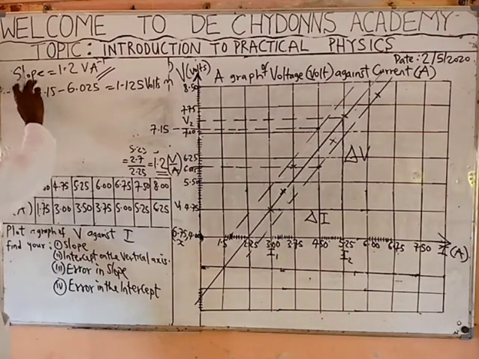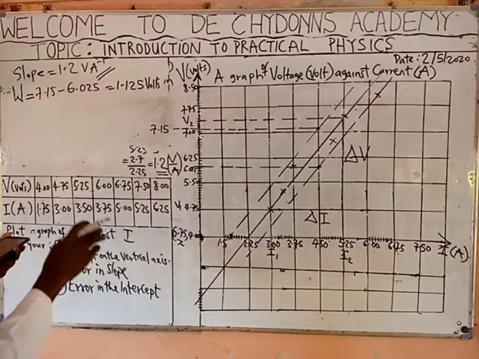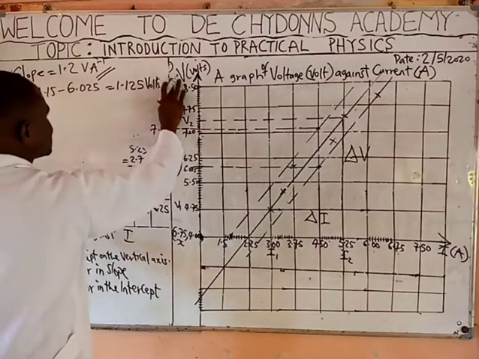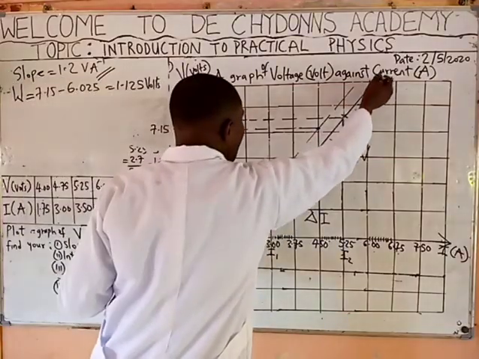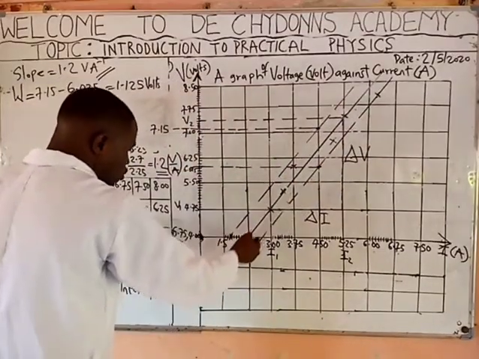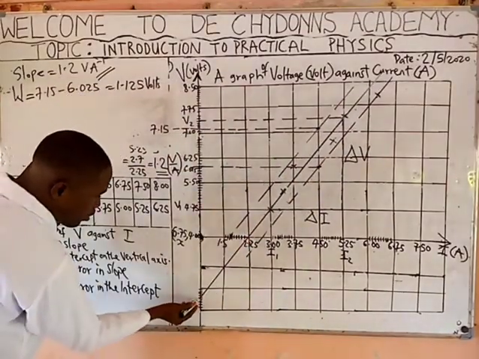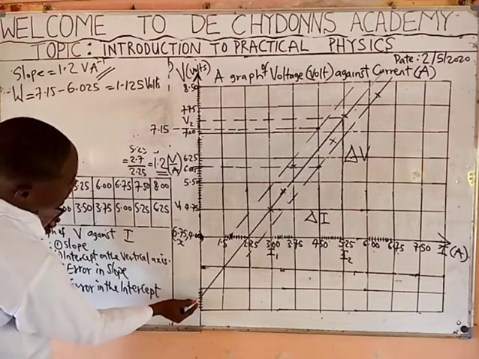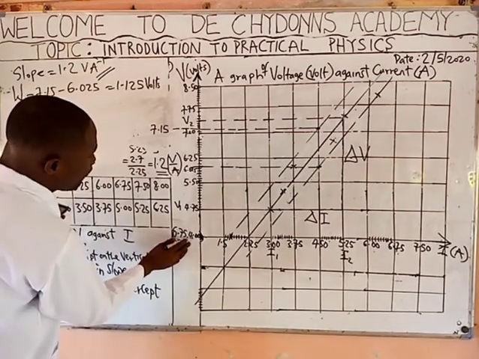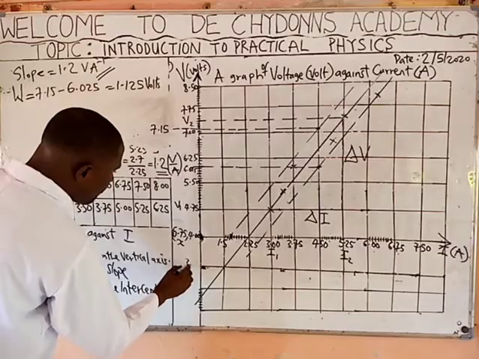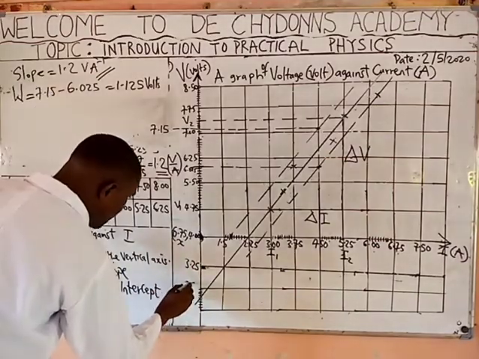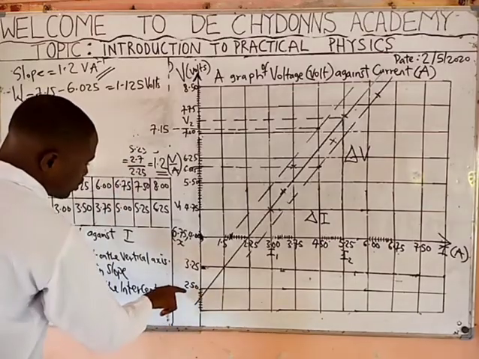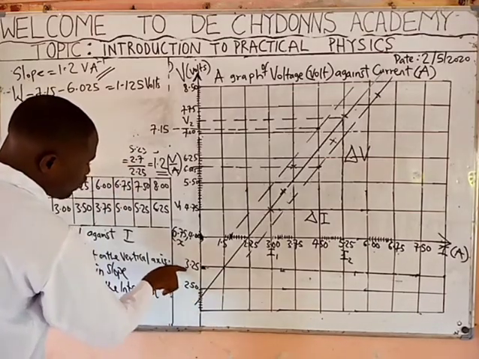Now, we can also be asked to get our intercept on the vertical axis. What is the intercept on the vertical axis? Look at this line of best fit. Look at where it cuts the y-axis. Now, since here is 4.0, here will be 3.25, here will be 2.50, because 2.50 plus 0.75 will give you this.